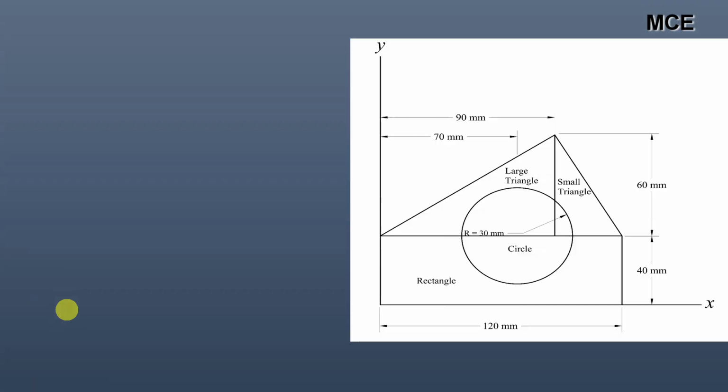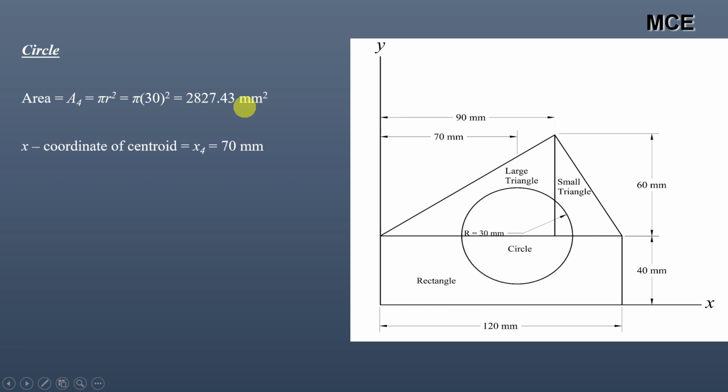After that, the centroid of the circle. First the area of the circle will be pi r square. The radius of the circle is 30 mm, so it will be pi into 30 square, which is 2827.43 mm square. The x coordinate of the centroid is given in the question: the center of the circle is located at a distance of 70 mm from the y-axis.